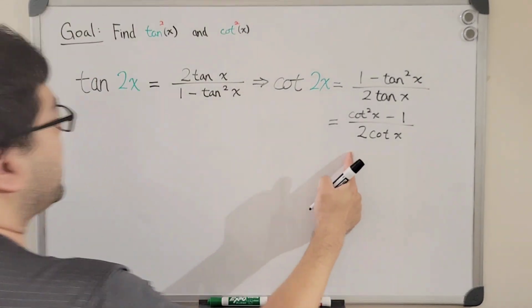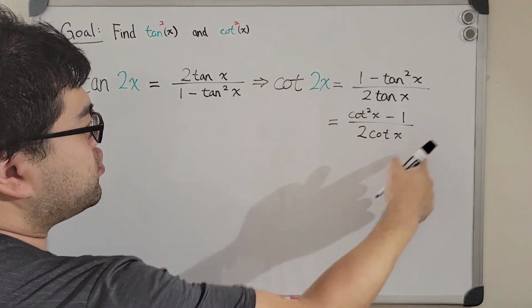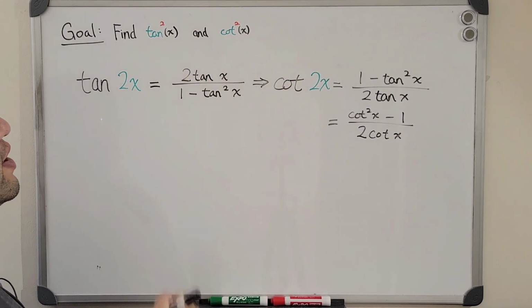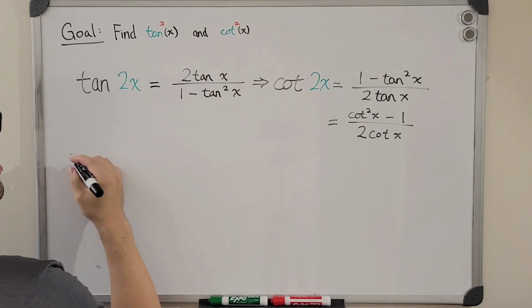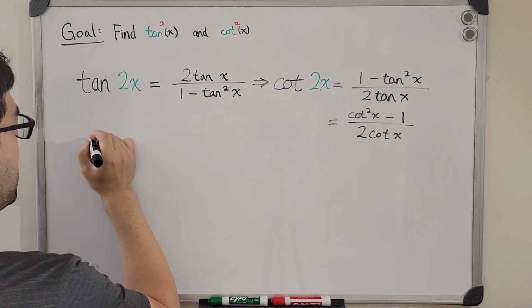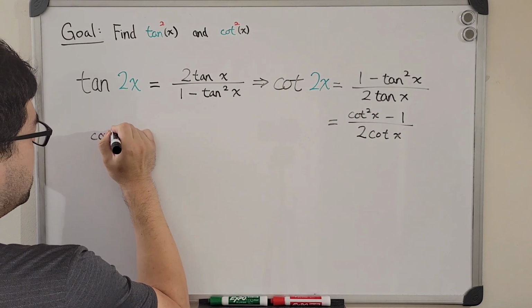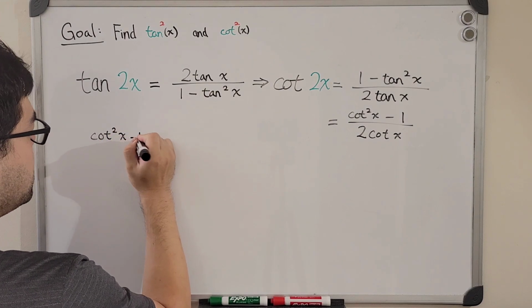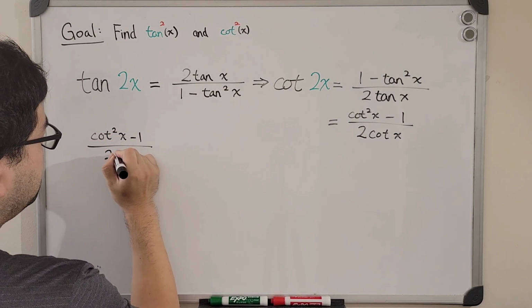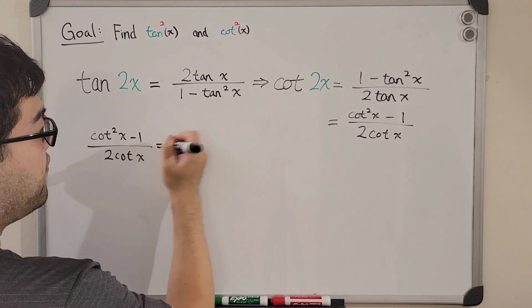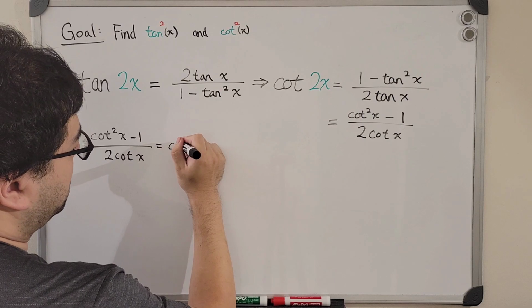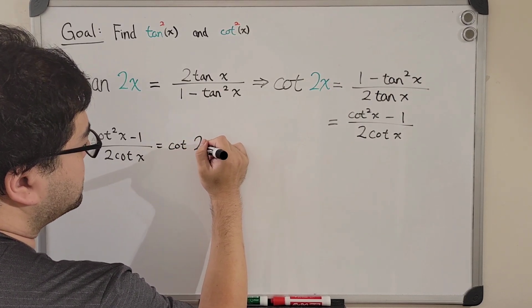Then we can use this new expression to help us find what cotangent square of x is in terms of cotangents only. On the right hand side, we already have cotangent square of x minus 1 all over 2 times cotangent of x. Good. And on the left hand side, we have what we started off with, cotangent of 2x.